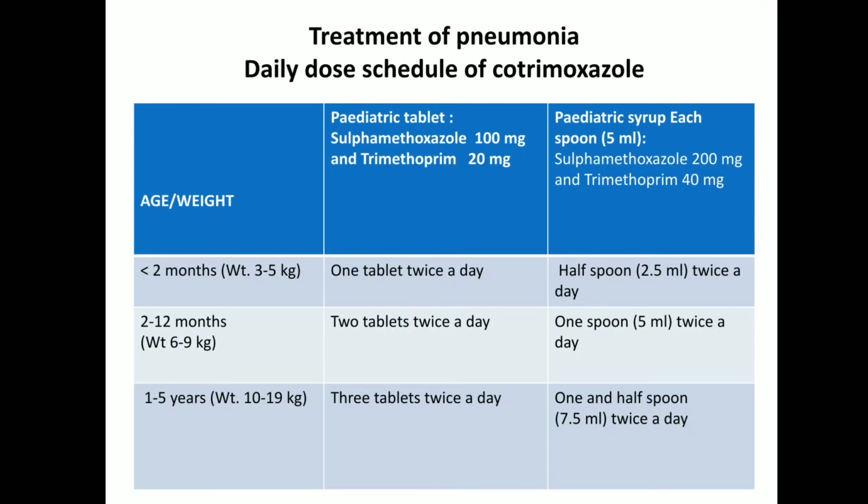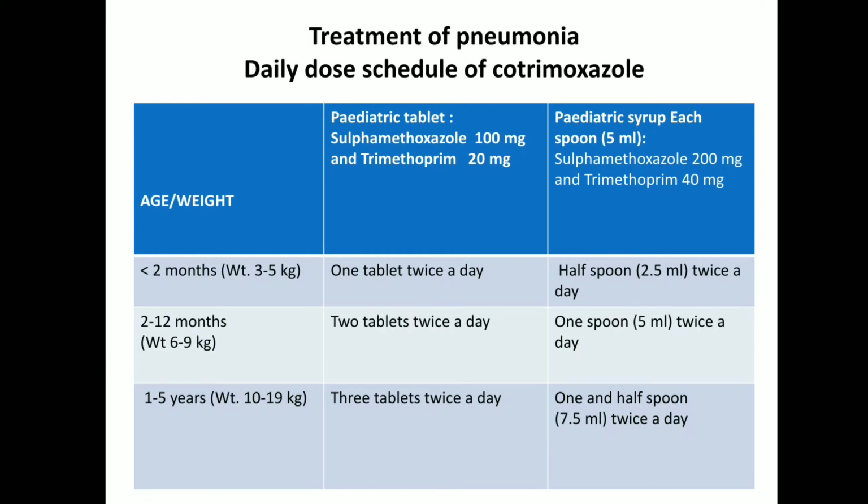Based on the age and weight, if the child is less than 2 months of age and weighs 3 to 5 kg, you have to give 1 tablet twice a day: half in the morning and the other half in the evening.